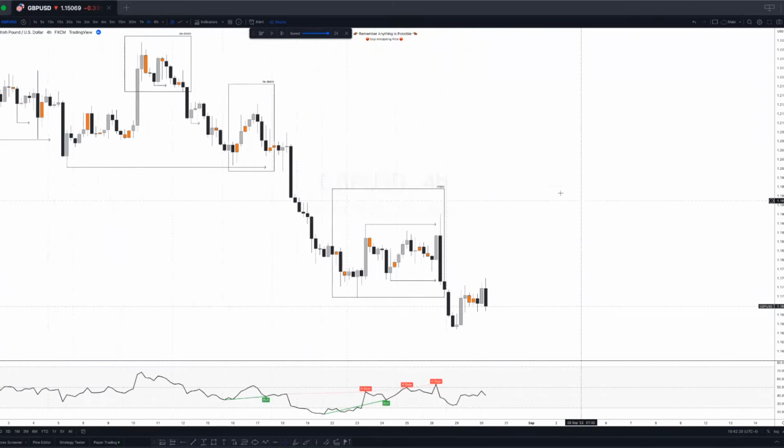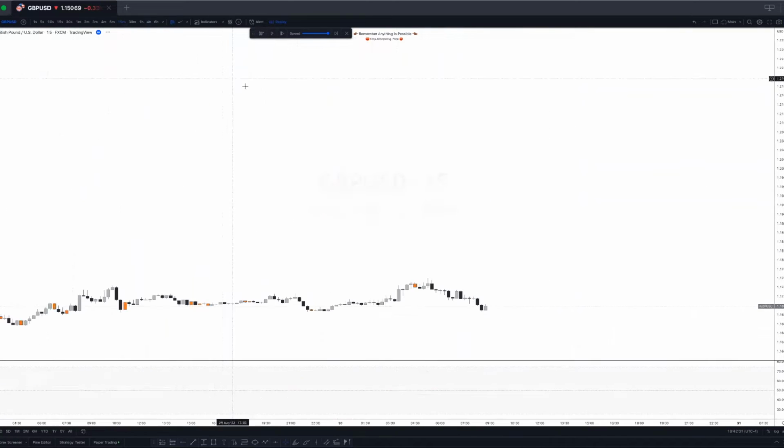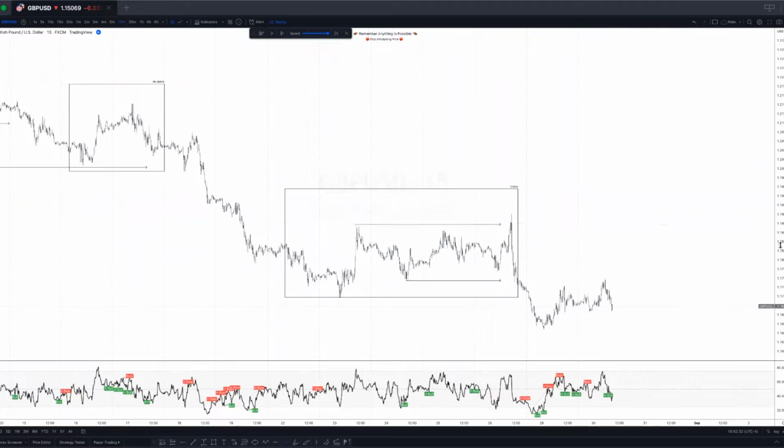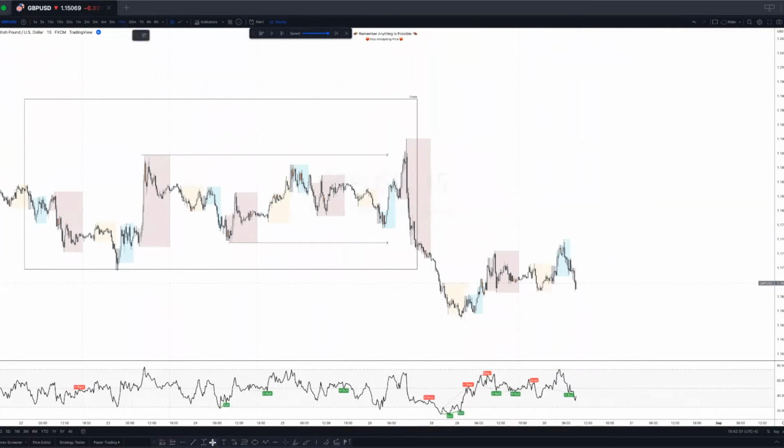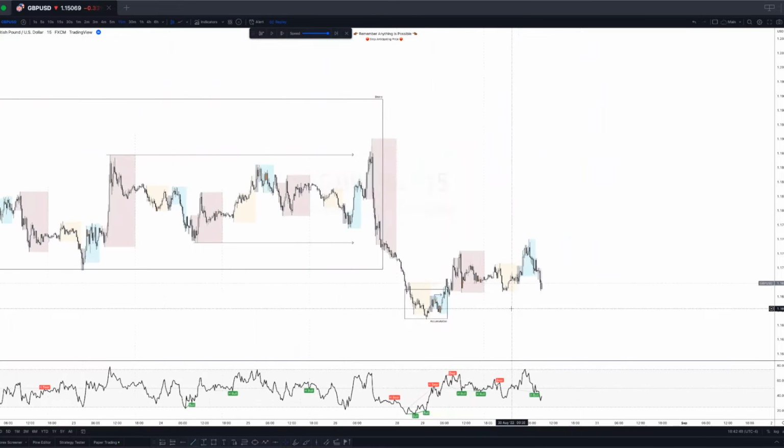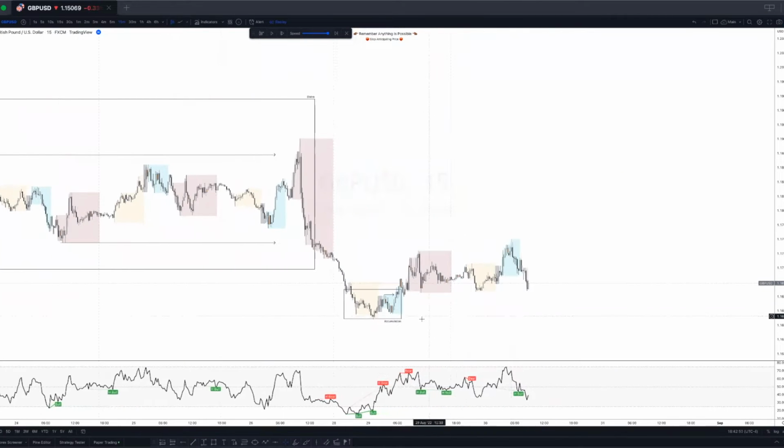Now let's go down to 15 minutes to see where we are. So now at the 15-minute, this is an accumulation. It was confirmed when it made that break. Confirmed.